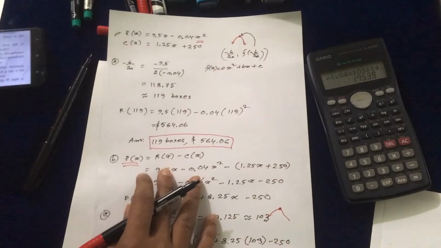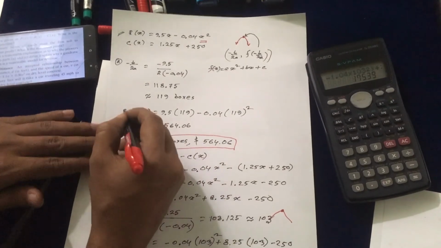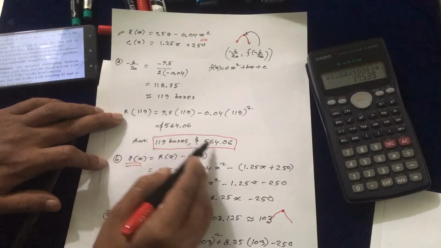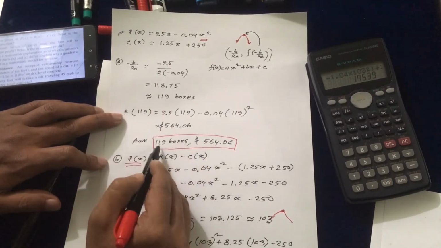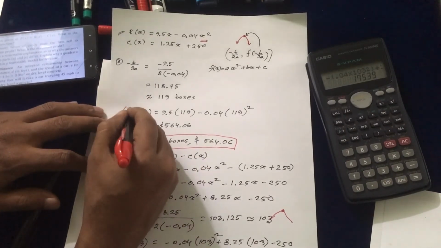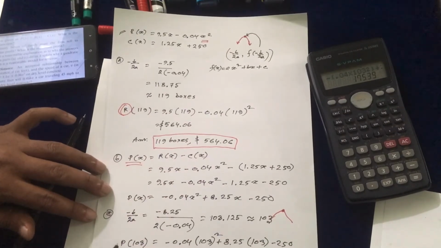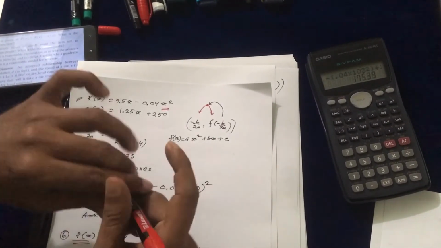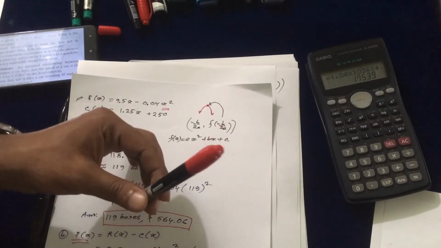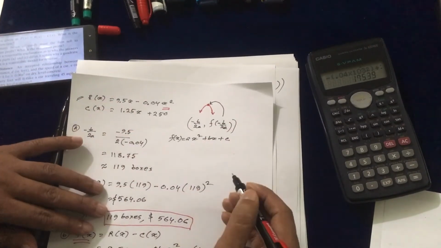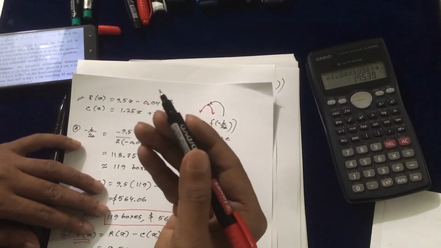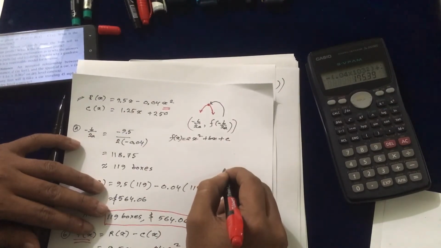Look at this. What is this? This is revenue, right? Total revenue is this. For total revenue, you have to sell this. This is revenue, and this is profit. Let me explain this way. Suppose this marker, this pen's cost is 20 taka.